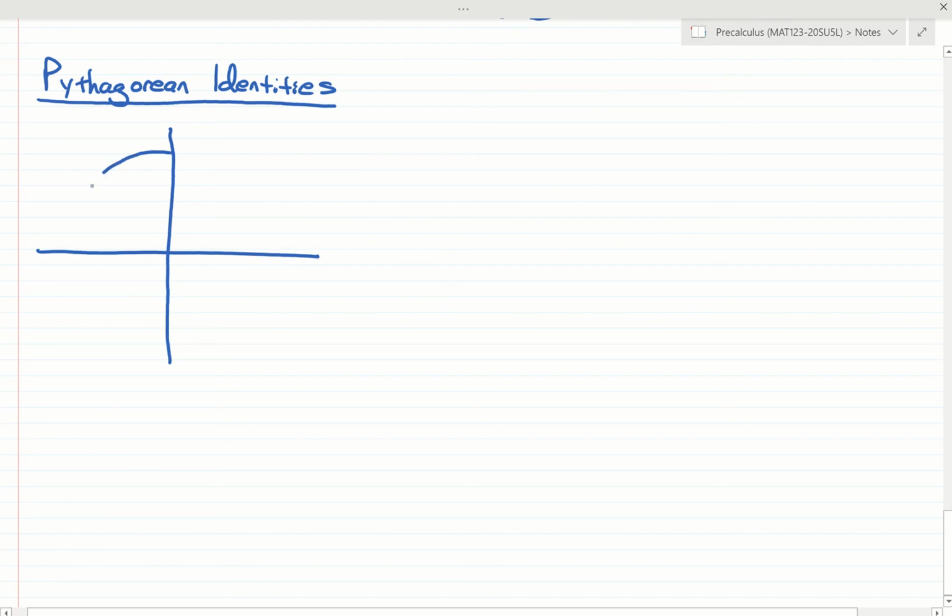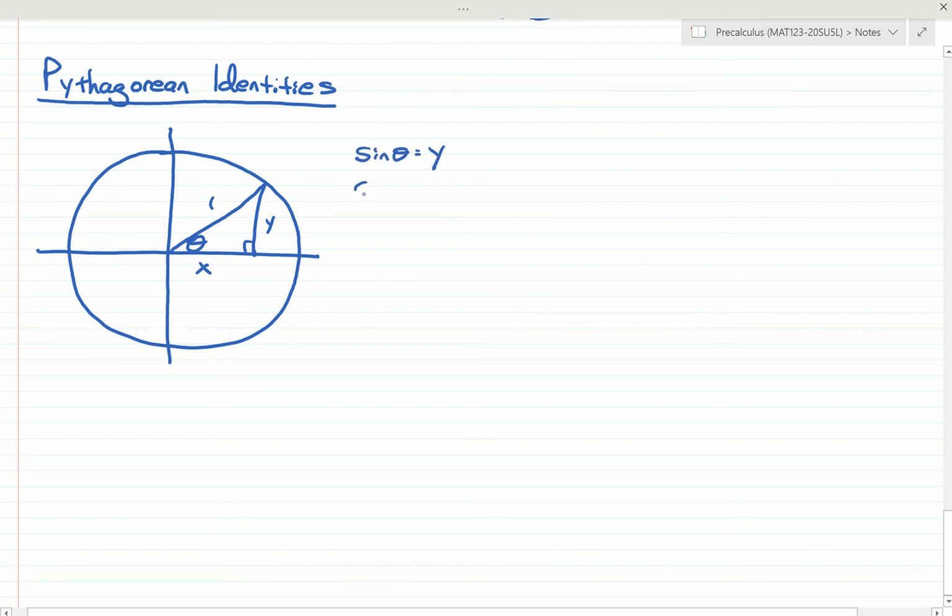So if we have our unit circle, I'll show you where they come from. We have a point that has an x and a y value. The hypotenuse is 1. Here's our angle. And remember, the sine of theta would be equal to the opposite over 1. Cosine of theta is equal to the adjacent over 1.